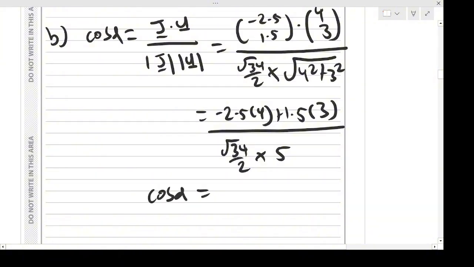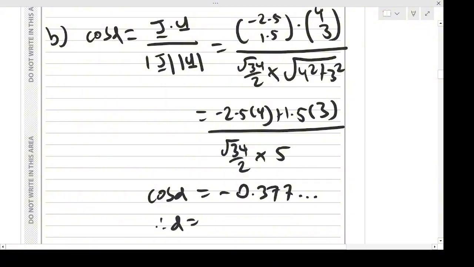If I simplify all of that, I get cos alpha to be minus 0.377, blah, blah, blah. Okay, add some decimal. Then I can just do inverse cos.